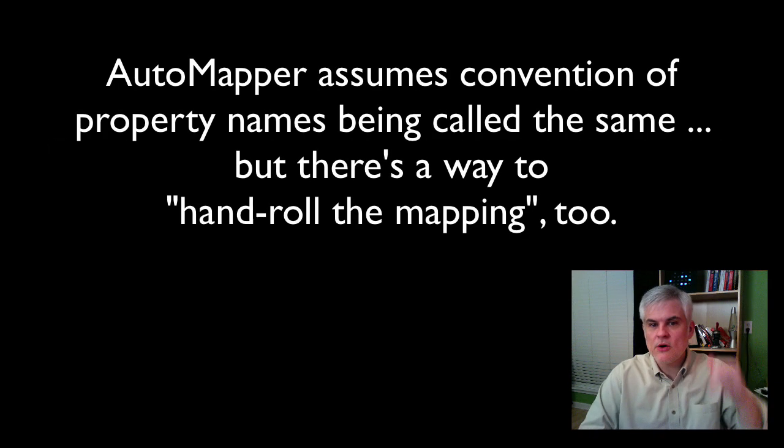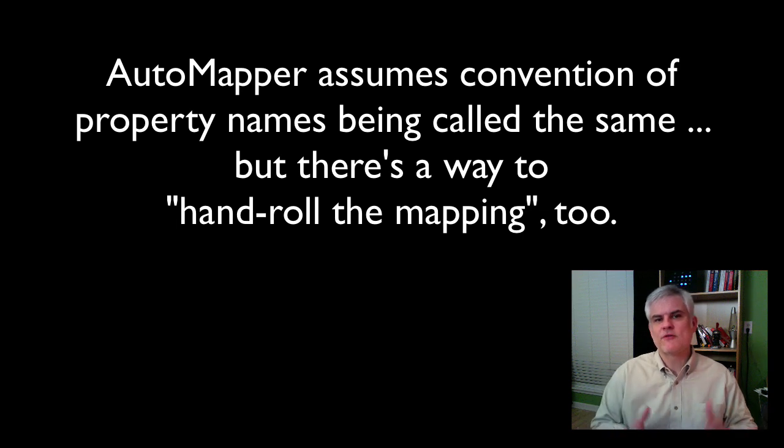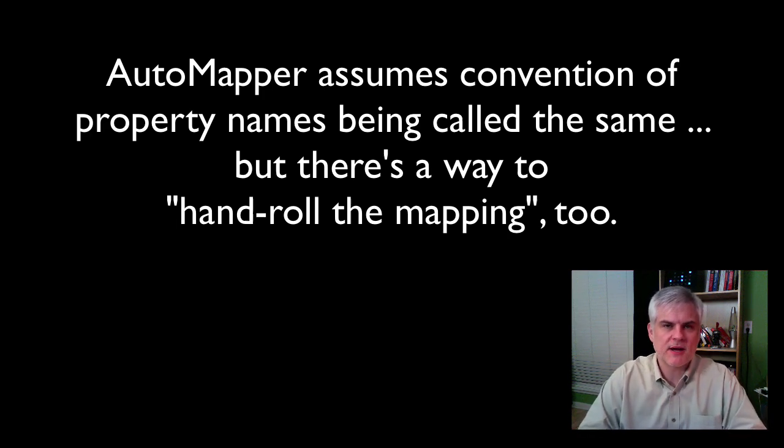As long as the property names in both the order and the order DTO are the same, it can automatically perform the mapping. However, if the property names are not the same, or if you have to do what's called hand-rolled mapping, then their wiki gives a few examples for different scenarios, and it shows you how to basically make this work despite the fact that you have a more complex scenario. But here again, we're speaking purely in conceptual terms.